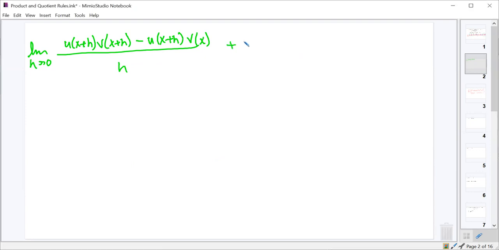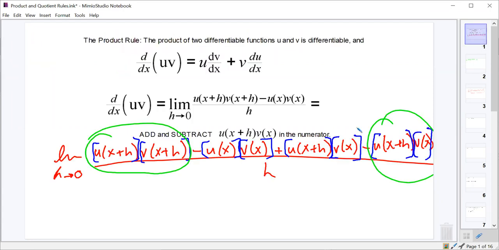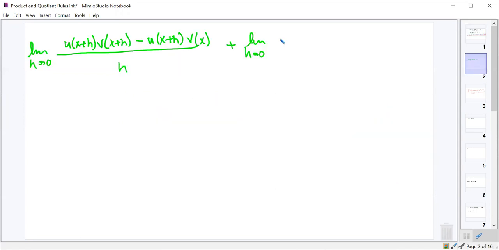And then from there, we should be adding a limit as h approaches 0. And what are the two terms that I had left? Should be a positive U of x plus h V of x minus just a U of x V of x. And that should also still be all over h. Everybody good with that or no?